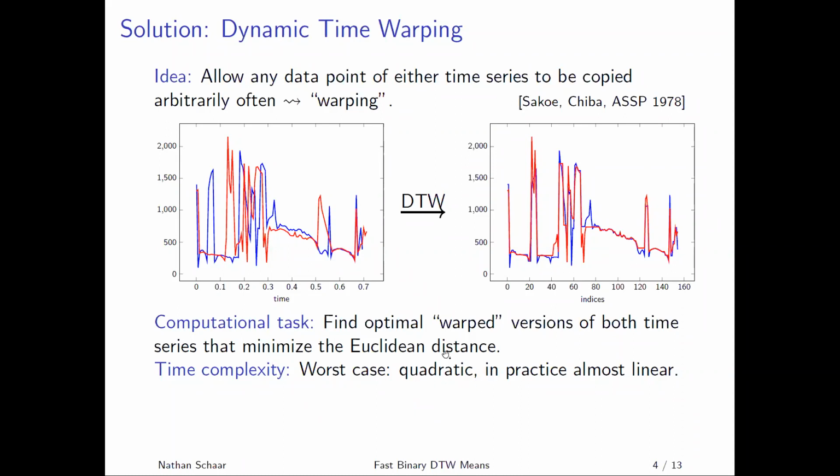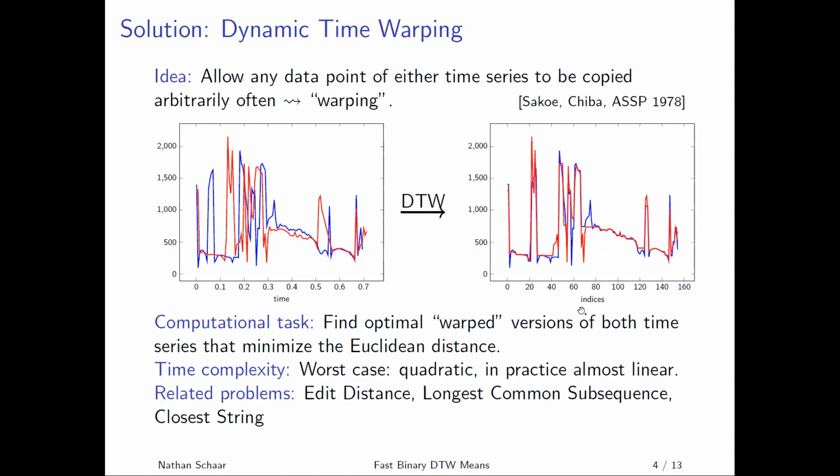Also, this quadratic time has been shown to be asymptotically optimal in several papers, for example, by Bringmann and Künnemann, who talked about this shortly yesterday. Some related problems are, for example, closest string, and especially when we talk about those conditional lower bounds, also the edit distance and longest common subsequence are mentioned together with dynamic time warping.